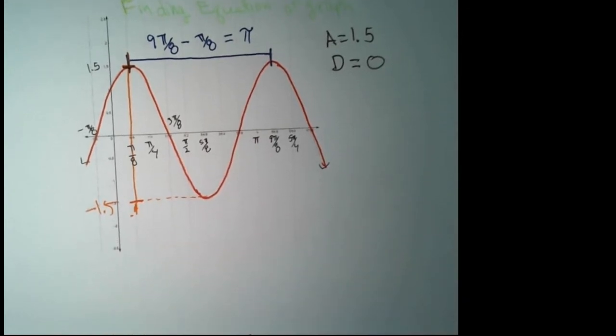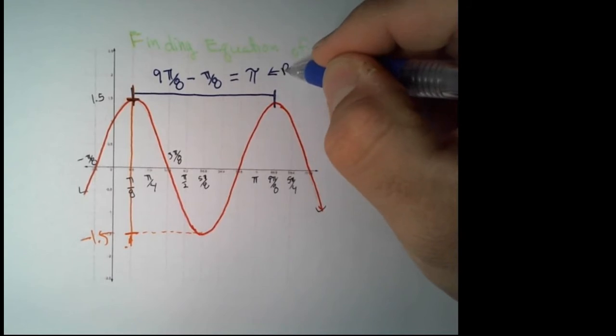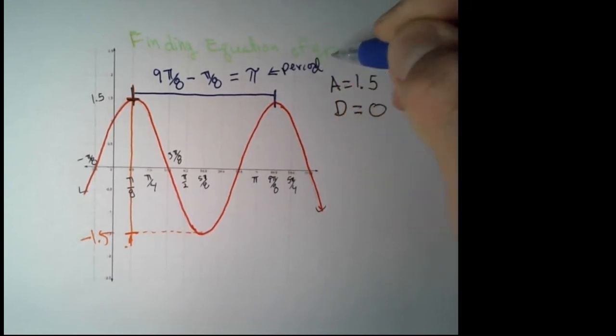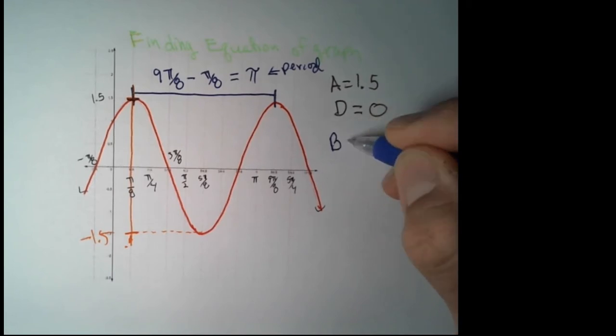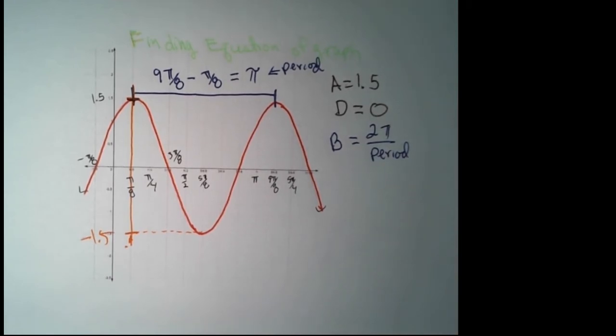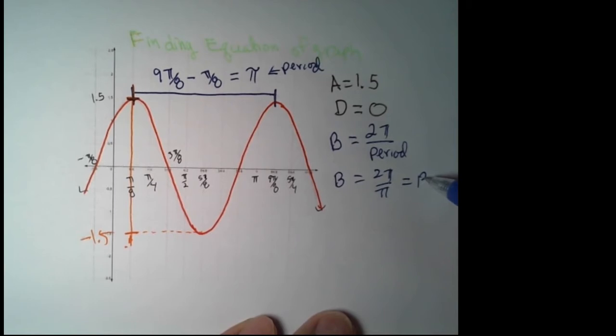This is my period. The way to find B is 2 pi divided by the period. The period is pi, so B is 2 pi over pi, or 2.